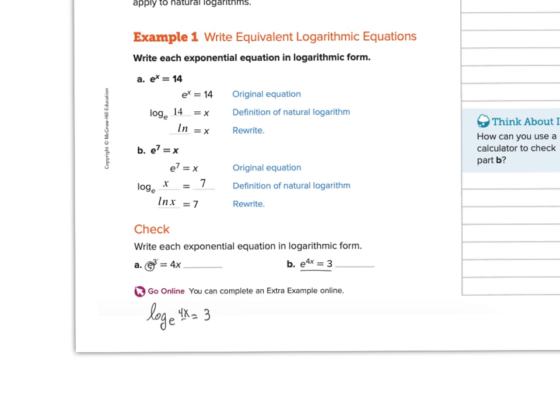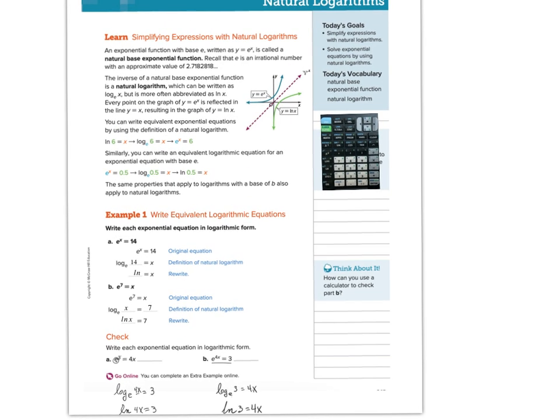Versus over here, I would have the log base e of 3 is equal to 4x, so e raised to the 4x power is equal to 3. And of course, log base e is nothing more than the natural log: the natural log of 4x is equal to 3, or the natural log of 3 is equal to 4x. Again, natural log is nothing more than log base e, and we can manipulate it.